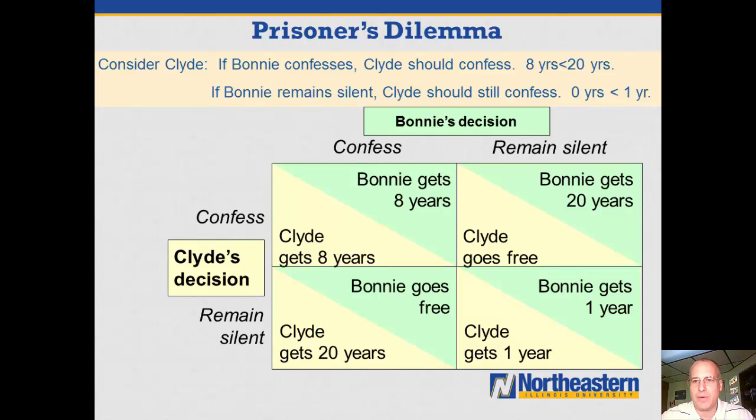Now note that if Bonnie remains silent, we're still in a situation where Clyde should confess. Clyde is comparing no time in jail if he confesses versus 1 year in jail if he remains silent, conditional on Bonnie choosing to remain silent. So in either case, Clyde finds himself in a situation where he should confess.